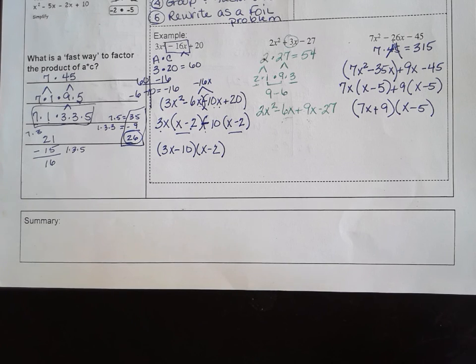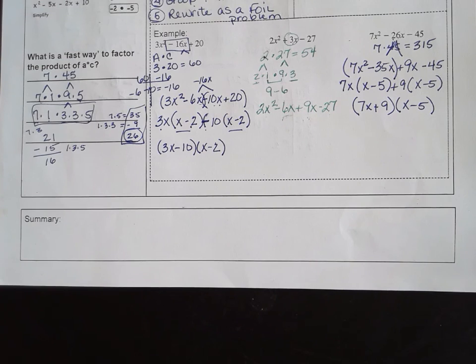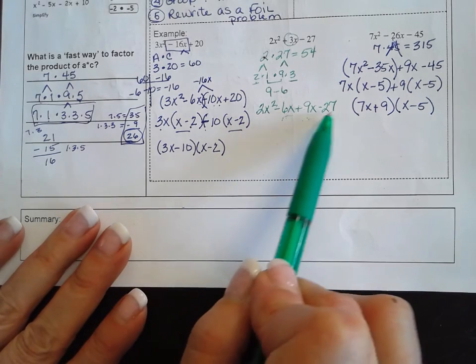What do you think, Tyler? No, I asked why did I write the 6x first instead of the 9x first? Gary? Yeah, 6 doesn't go into 27.